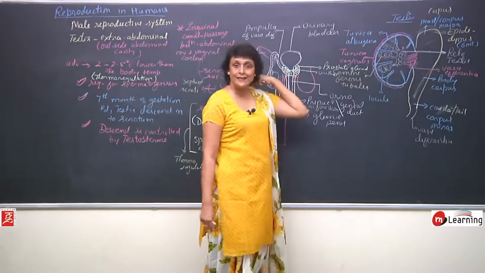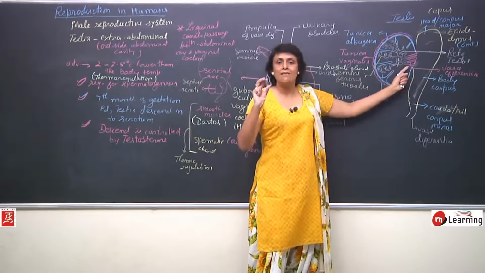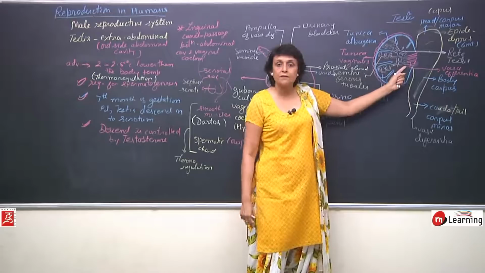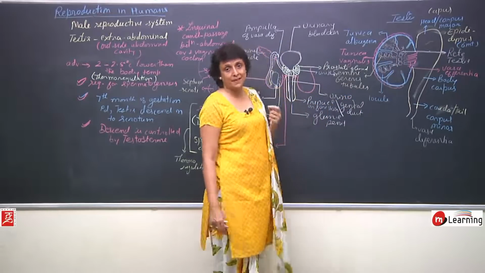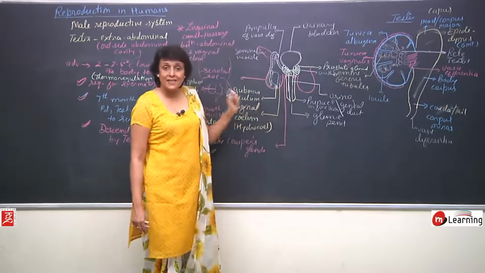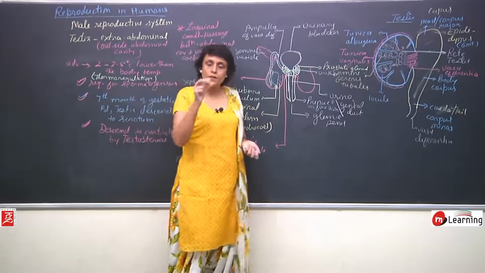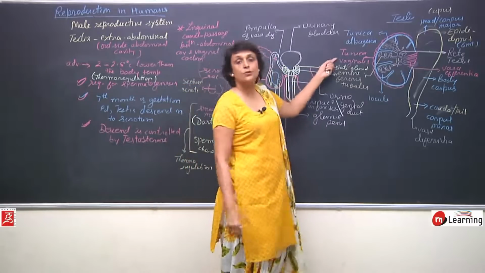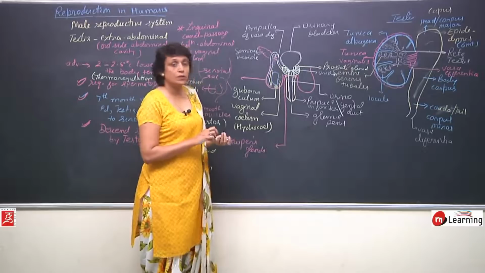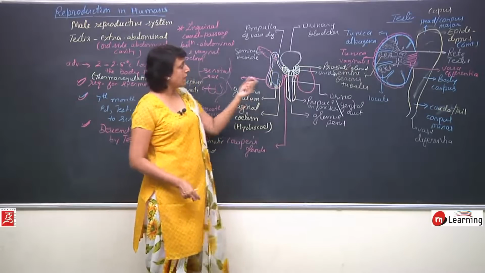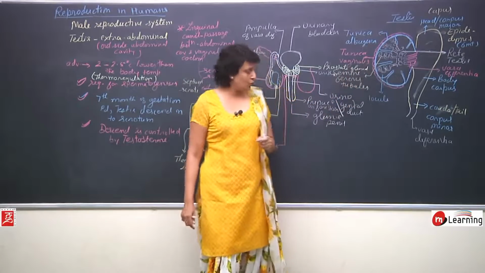This is known as the rete testis. From the rete testis, some 7 to 10 very fine ducts, the vasa efferentia, pour the sperms into the head region of the epididymis. Testes on the outer side are surrounded by a layer of single cells known as the tunica vaginalis.